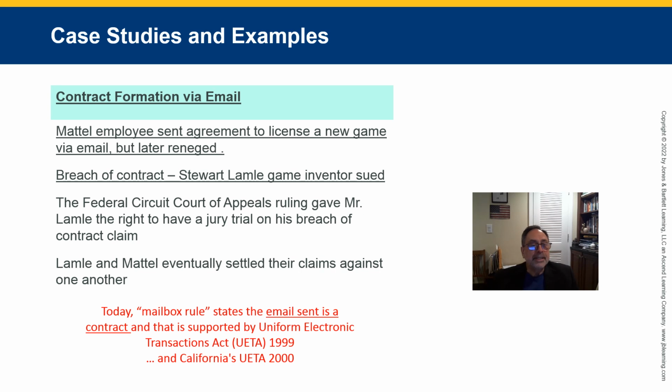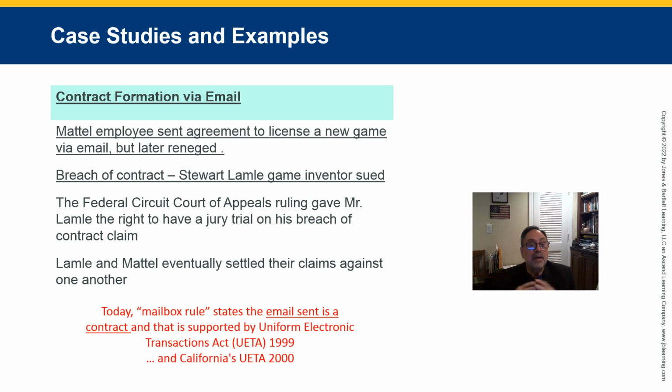So here's an interesting case that involves the email rule that says an email agreement is a contract. Back in, I don't know what year this was, but I think this was some time ago, there was a Mattel employee named Stuart Lamley, and he sent an agreement for a license for a new game via email.